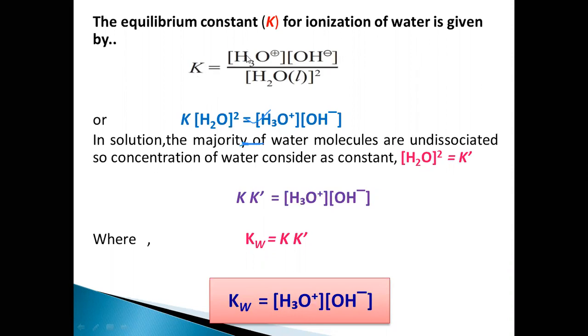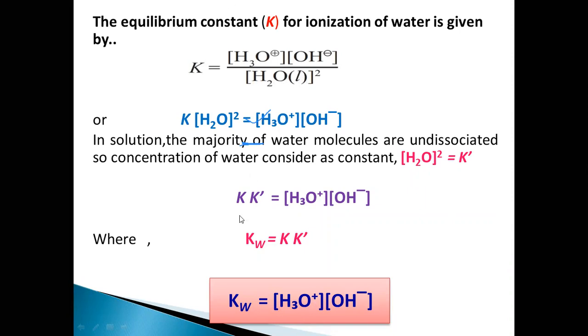So it is the ratio of the concentration of products, H3O positive and OH minus ion, upon the concentration of reactant, and the reactant is 2 water molecules, its concentration being the concentration of water. So 2 water molecules, that's why it is squared.